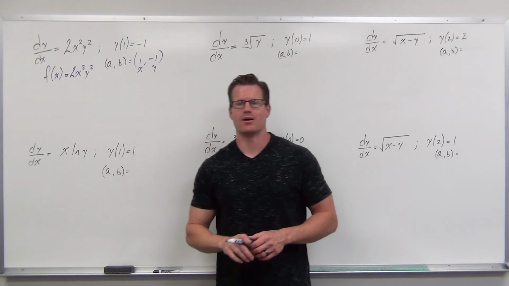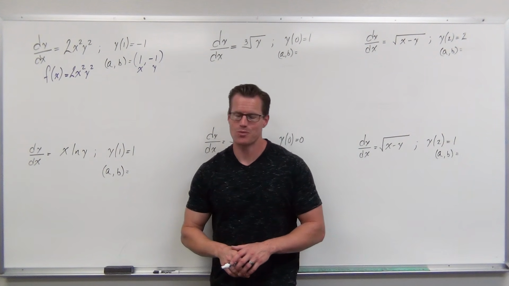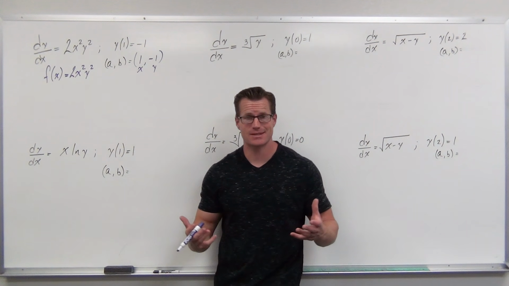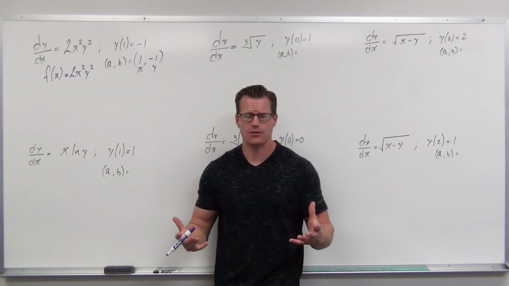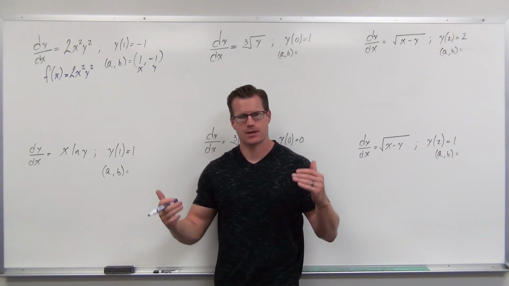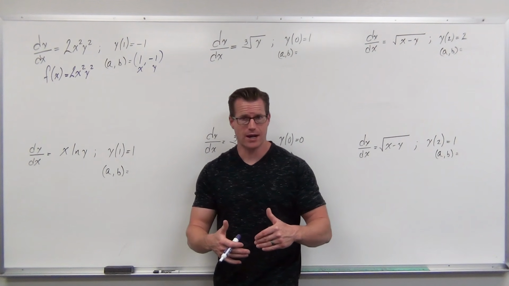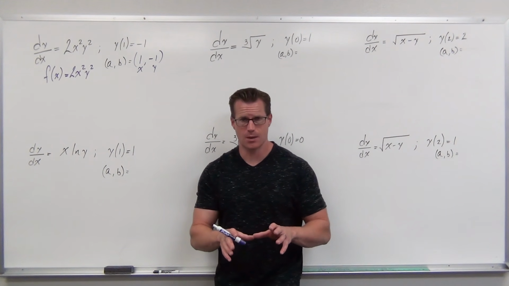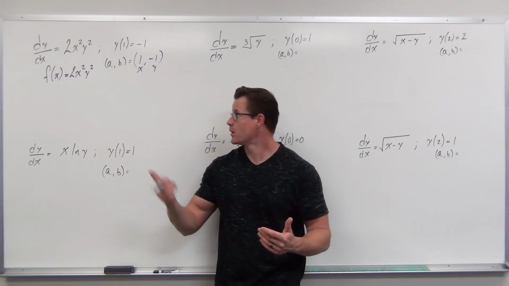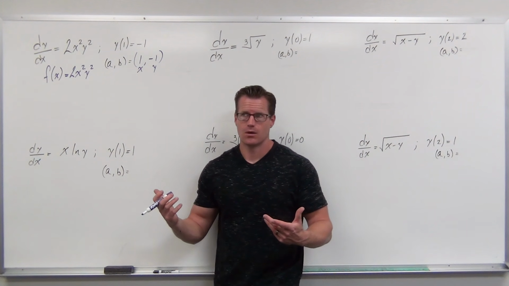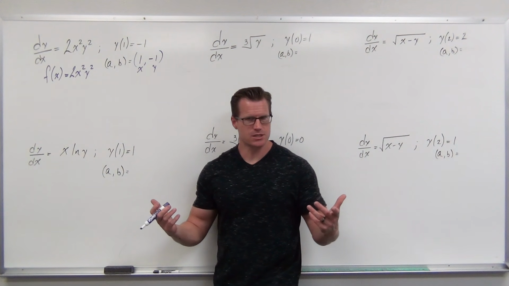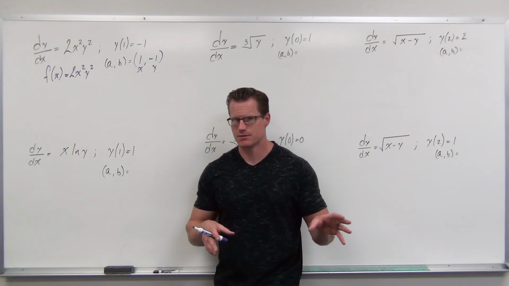Now, if you remember about discontinuities, there's really only 3 places that we have got to worry about. They are denominators, so fractions that have variables in them where the denominator could equal 0. We don't have any fractions. Or square roots, fourth roots, sixth roots, even roots where we could have negatives inside.